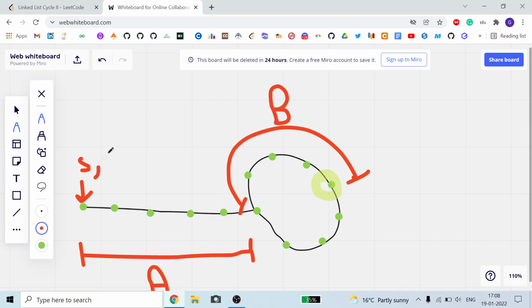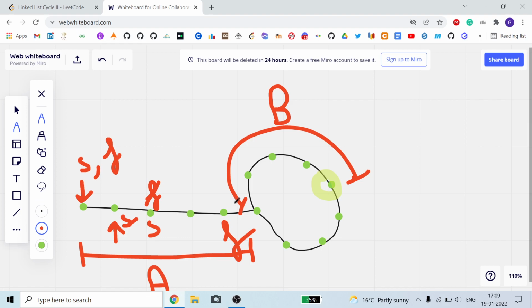This is the fast pointer, and entry doesn't have any work yet. After one iteration our s will come here and our f will come here. In the next one, s moves just one next, while f is moved to the two next node.